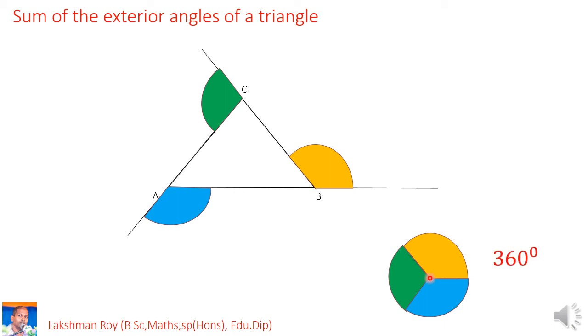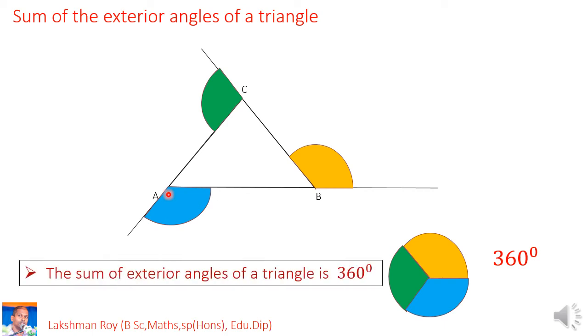That means if you add these three angles, that is equal to 360 degrees. So for a triangle, the sum of the exterior angles is 360 degrees, right? So that is the result we are going to use.